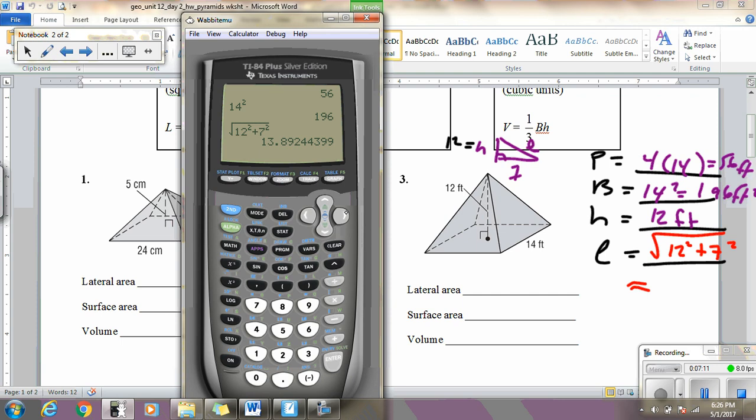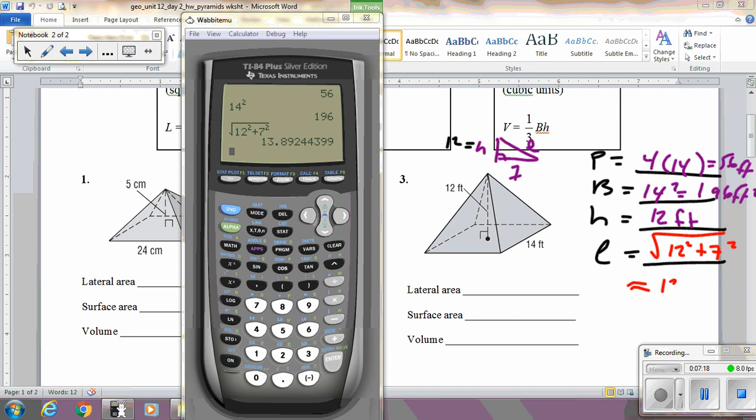And it's roughly 13.9 rounded to the tenths, feet.